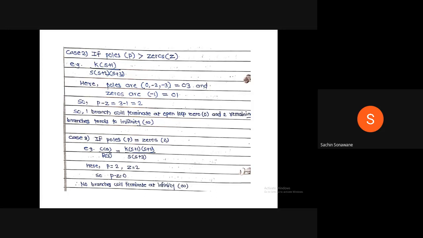Case 3: if poles P is equal to zeros Z, consider the equation C(s) upon R(s) is equal to K into bracket (s plus 1) into (s plus 2) divided by s into bracket (s plus 3). Here P is equal to 2 and Z is equal to 2. Therefore, P minus Z is equal to 0. Therefore, no branches will terminate at infinity.